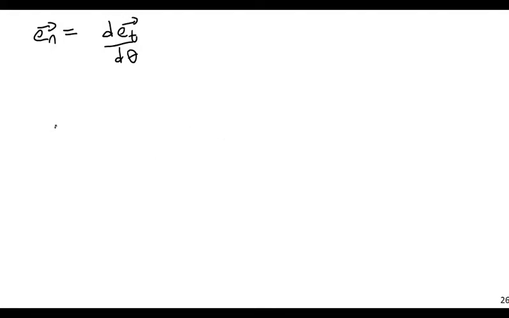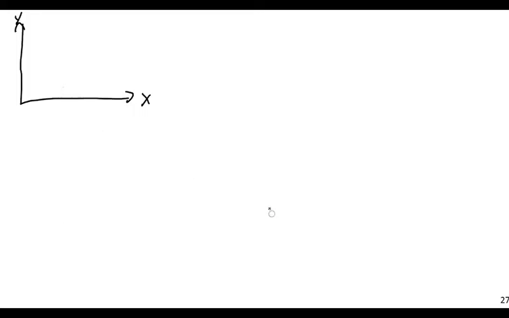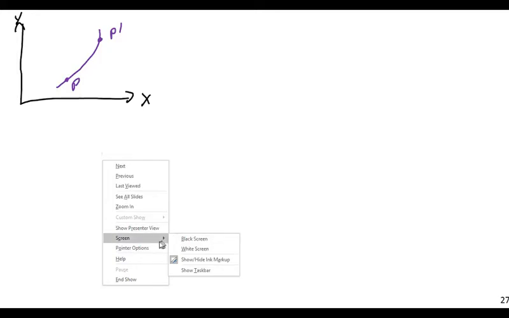Same idea, let's draw a different one. Now, let me draw a different diagram. Start on a new page, maybe. X, Y, and this is the path of the object now. So P and P prime, and let's say I have ET and ET prime.